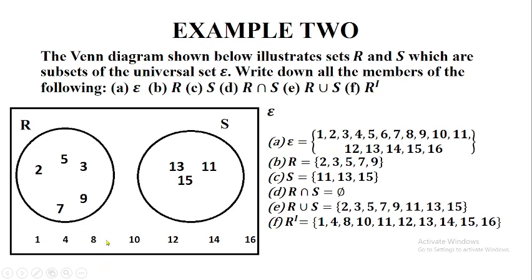So we can list that as 1, 4, 8, 10, 12, 13, 14, 15, then 16. And that gives us the elements we have here. So I hope you understand this as well. It's quite interesting and simple if you understand what you are doing. If you don't understand, please go back and check what you are doing.